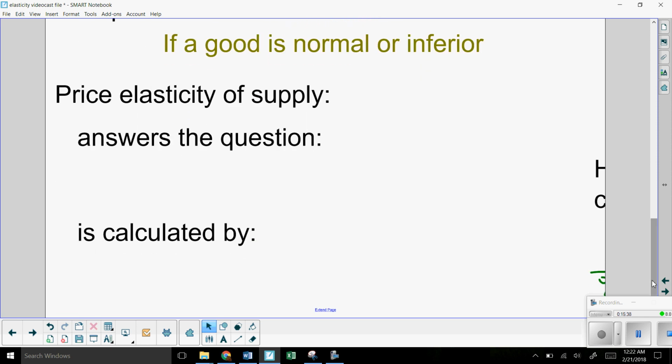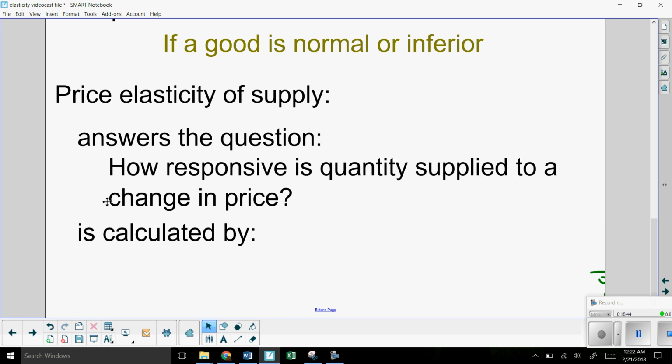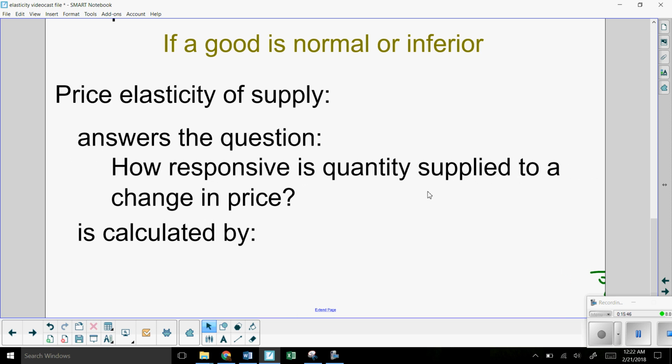So price elasticity of supply is sort of the last one that you need to know a touch about. And that's answering the question, how responsive is quantity supplied to a change in price? So really the same idea as price elasticity of demand. And you could deduce the formula from that question. For me, it's probably easiest, rather than memorizing 4 different formulas, to think about that question and understand the question coming out of the type of elasticity.